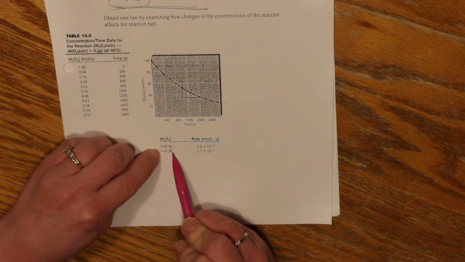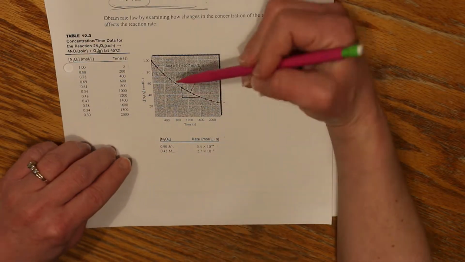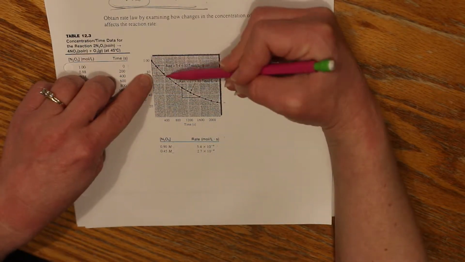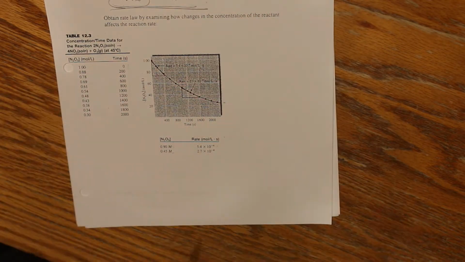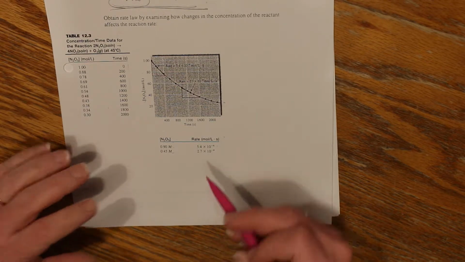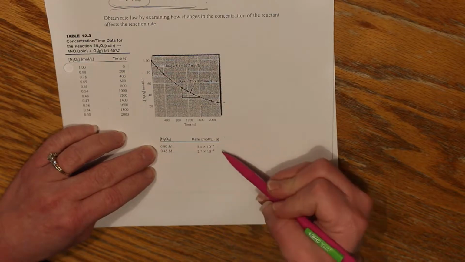And then when it's 0.45, it's this. Now it seems like what was done was the slope of the tangent, so we got the instantaneous rate, but that's the idea.